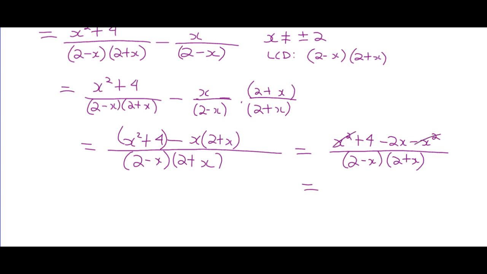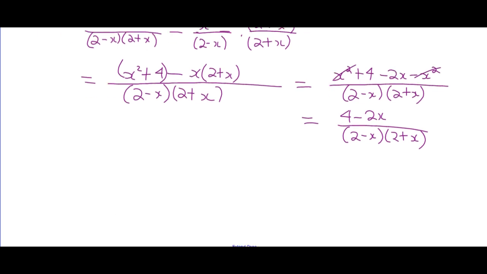So x squared minus x squared. So I get 4 minus 2x. Well, 4 minus 2x, 2 goes into both of those, right? And when it does, this is going to become 2 minus x, which will then cancel.